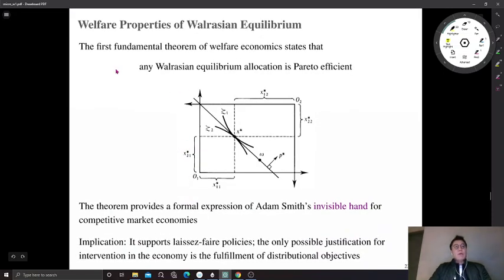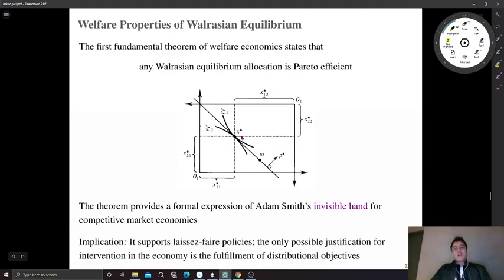All right, now welfare properties. As I explained in the previous videos, there are two welfare theorems, and the first welfare theorem says any Walrasian equilibrium allocation is Pareto efficient. Whenever we have nice indifference curves, so the preference relation satisfies all the axioms from completeness to convexity, then we have a nice indifference curve like this.